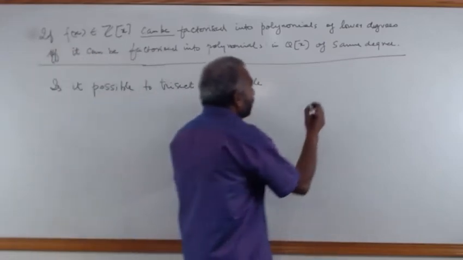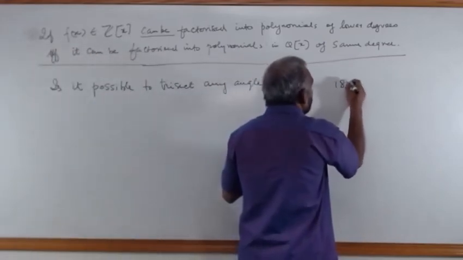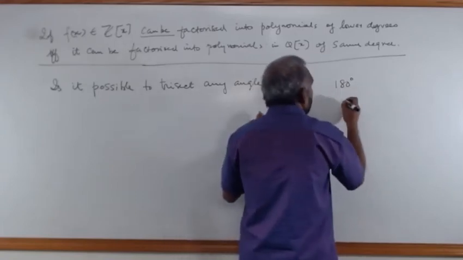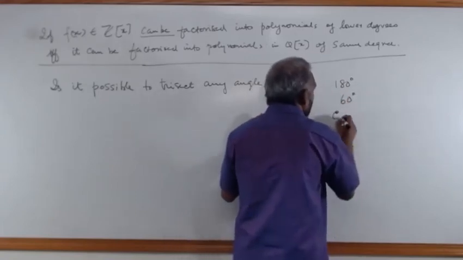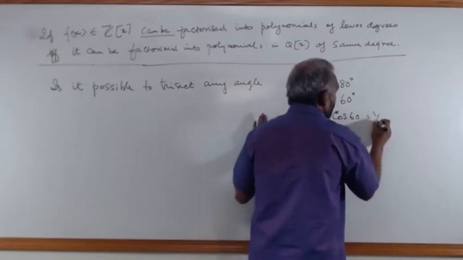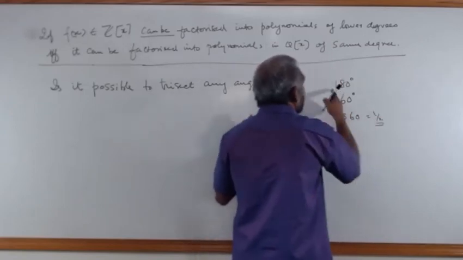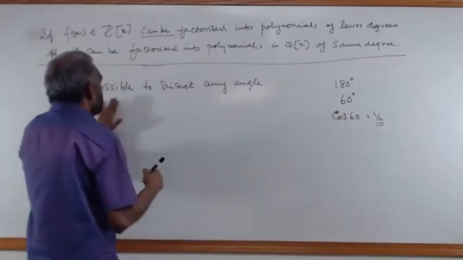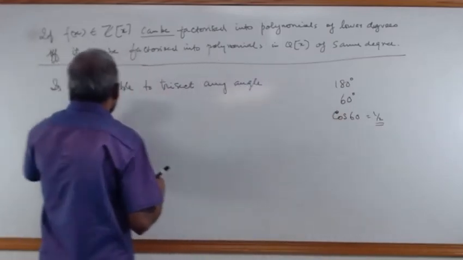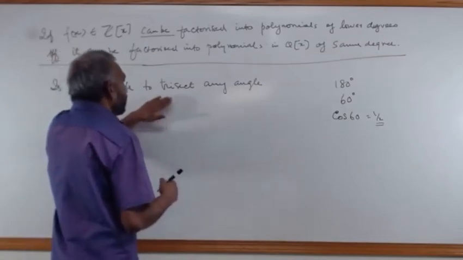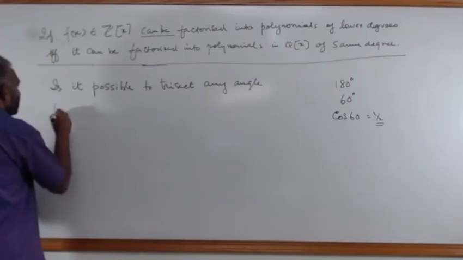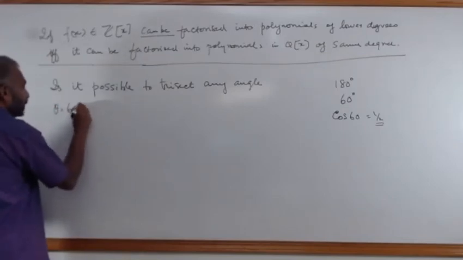For example, if the angle is equal to 180 degrees, each of the trisected angles will be 60 degrees, and cos 60 is equal to half, which can be constructed. So there are angles which can be trisected. My question is, is it possible to trisect any angle? So we are going to show a particular angle that cannot be trisected, and the angle is theta equal to 60 degrees.